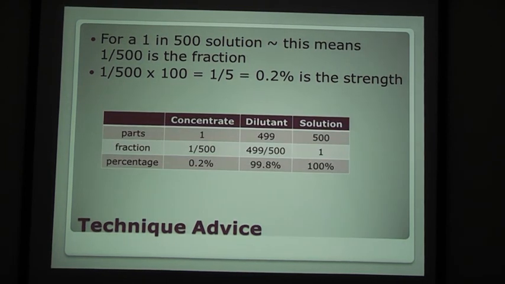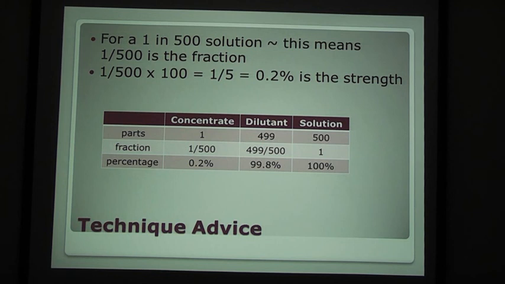So again, if I have a concentrate, a diluent, and then the solution, the concentrate was 1 part, the diluent was 499 parts, and the solution was 500 because it's a 1 in 500. A 1 in 500 means the total amount is 500, and 1 of that is the concentrate.